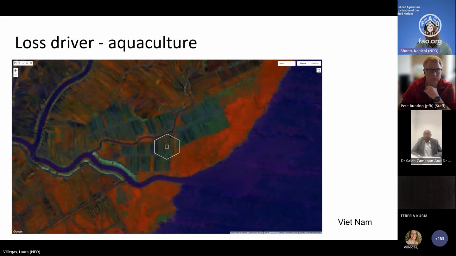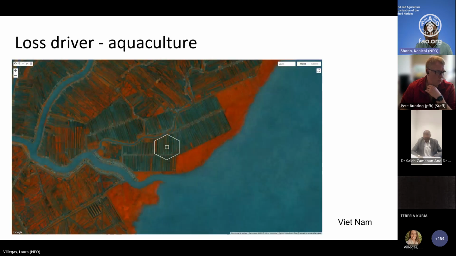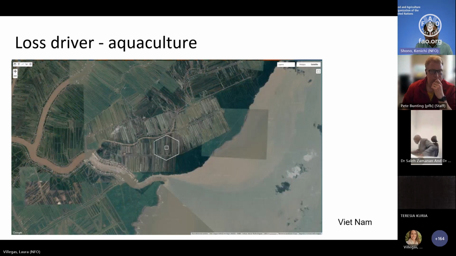This is what the landscape and the hexagon plot look like. So there has obviously been a conversion to aquaculture ponds. And this is 2020, and you see that the whole landscape has been converted. And this is what the area looks like on Google imagery.